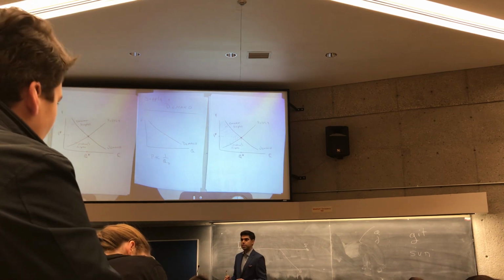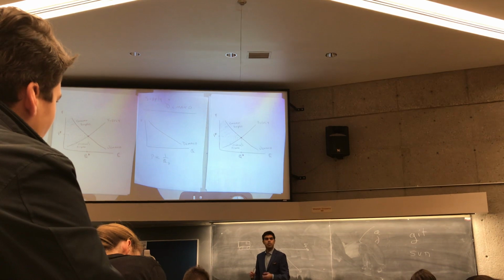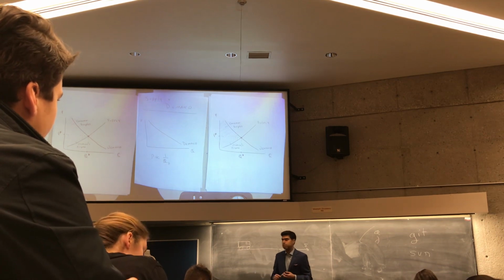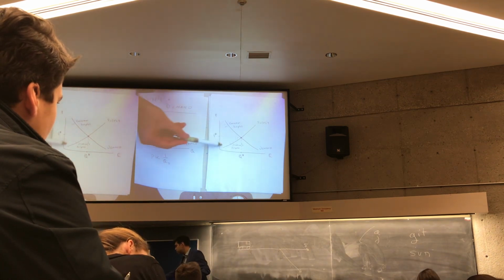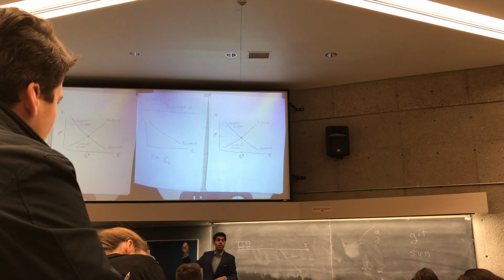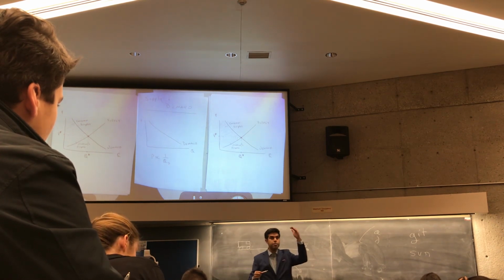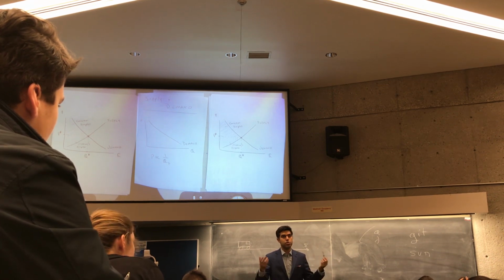I see confused faces. Please ask questions. Yes? Can you explain the producer's surplus again? There were producers at the bottom of this supply curve who were willing to sell at a lower price. But because the market price is above the price that they would have sold at, they're making an extra surplus, benefits.